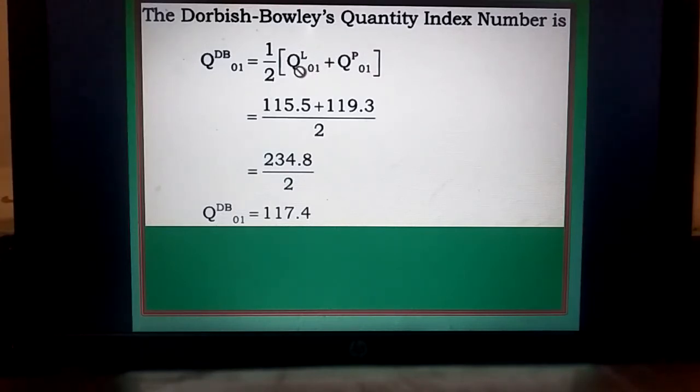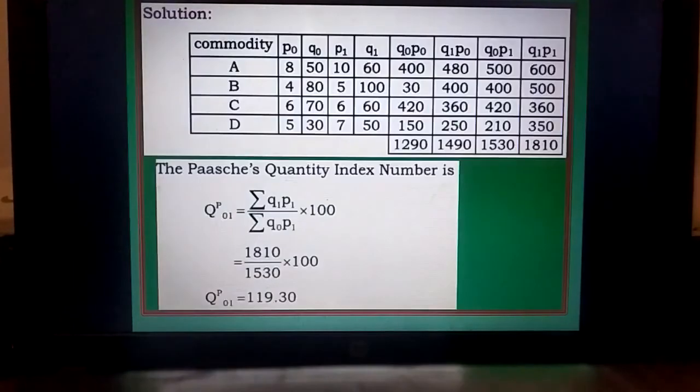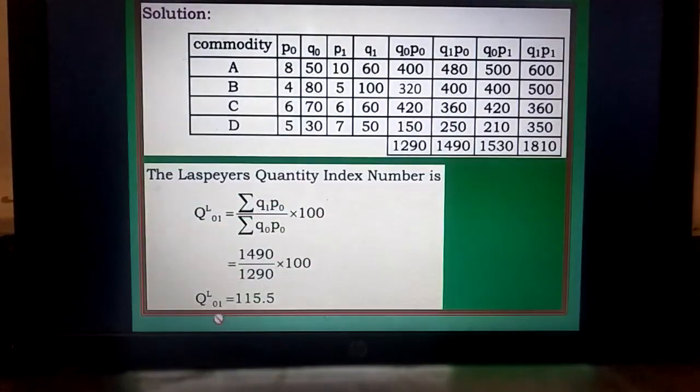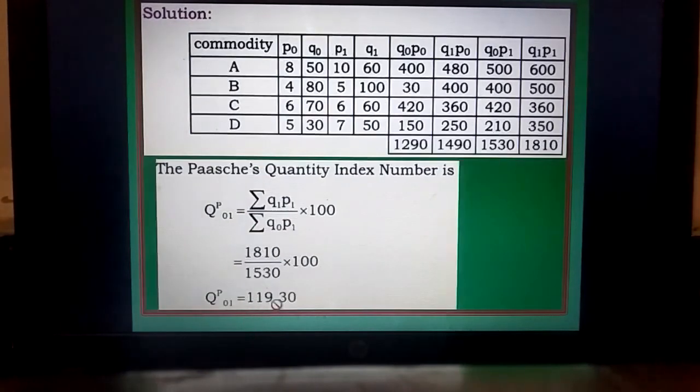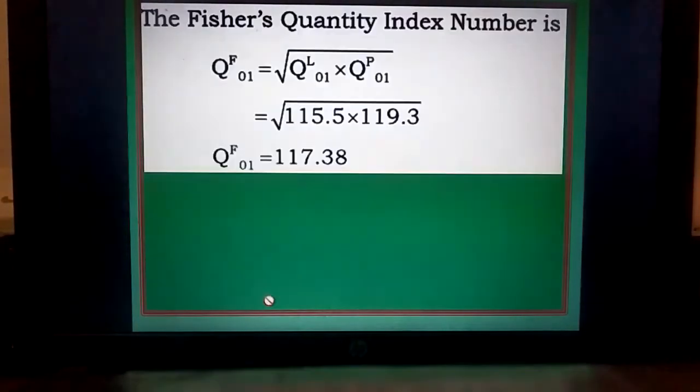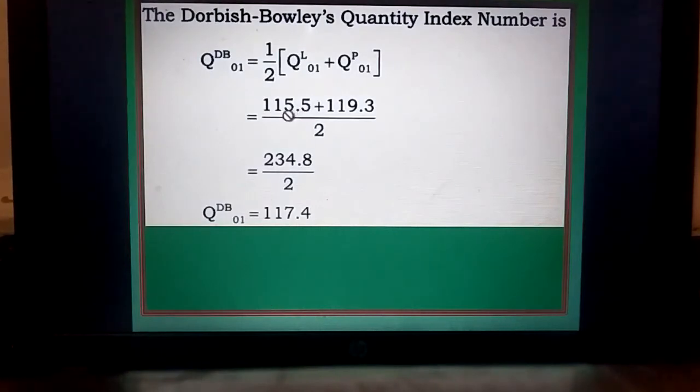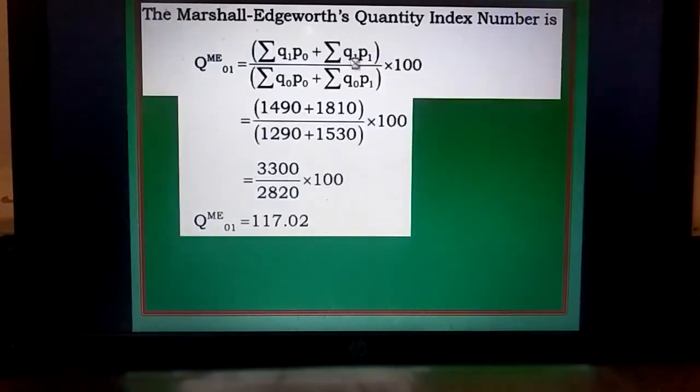What was the quantity index number based on Laspeyres? It is 115.5. So that 115.5 is written here, plus Q01P, the Paasche quantity index number.